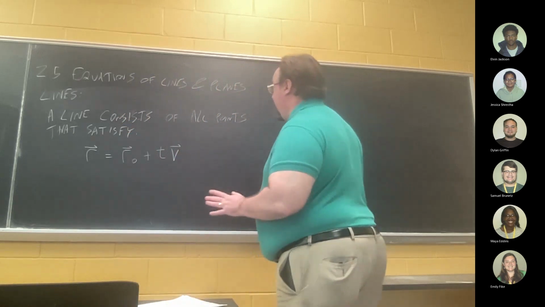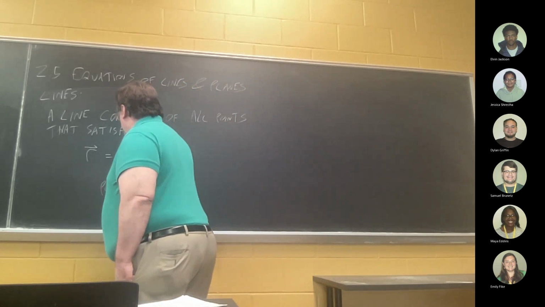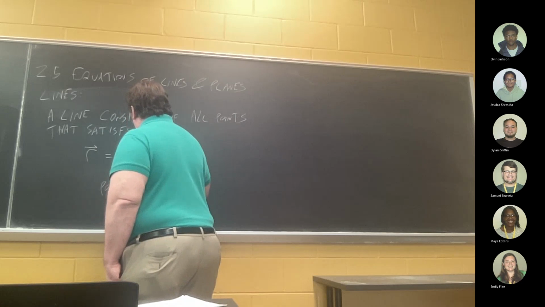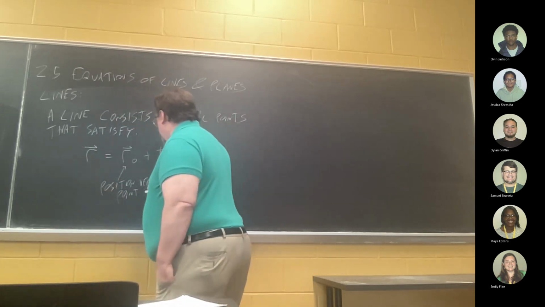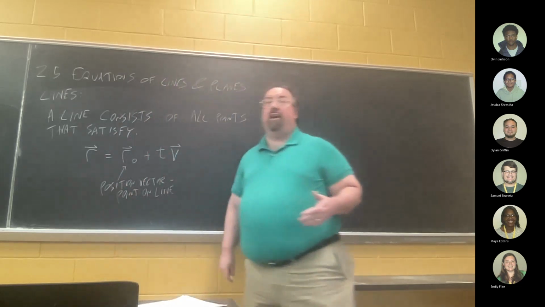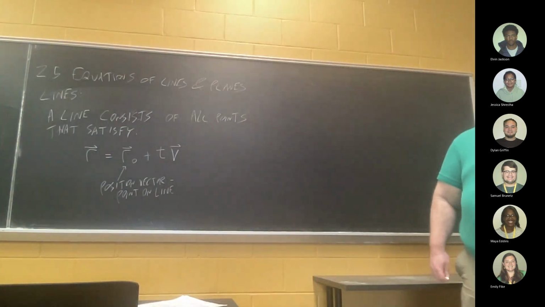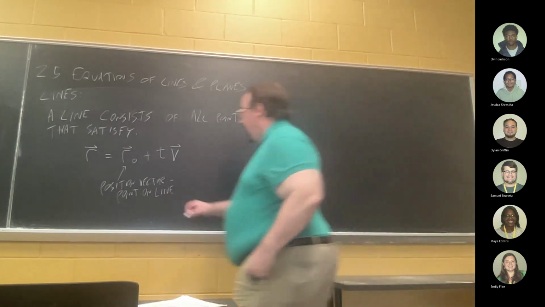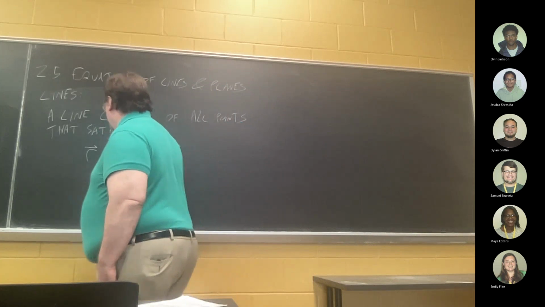Now I'm going to explain what all these things are. r naught is a position vector that gives you a point on the line. So any given point on the line is r naught, kind of like the point x naught, y naught that you would use in point-slope form if you were in 2 dimensions. So this is a given point on the line.